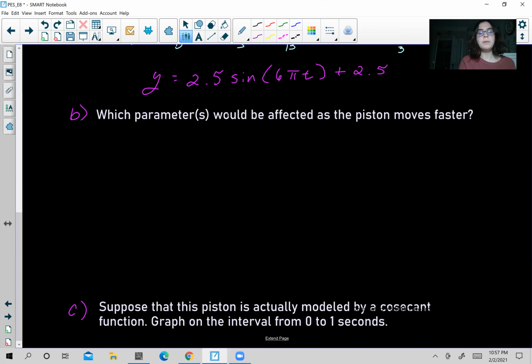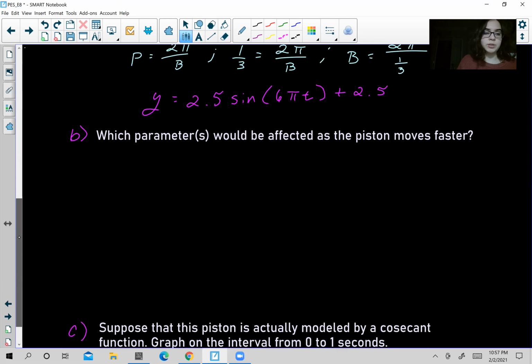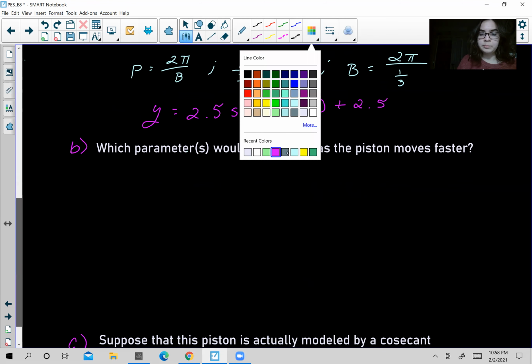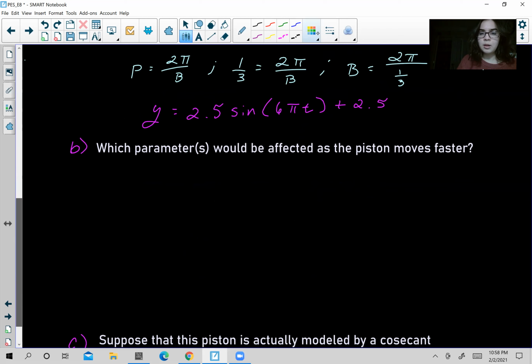This part is asking which parameters, or maybe just one parameter, would be affected as the piston moves faster. So this is an interesting question, and the way that I approached it is by just thinking about in general all the characteristics we know: frequency, period, amplitude, whatever. The first thing that comes to mind that I know would change is going to be frequency.